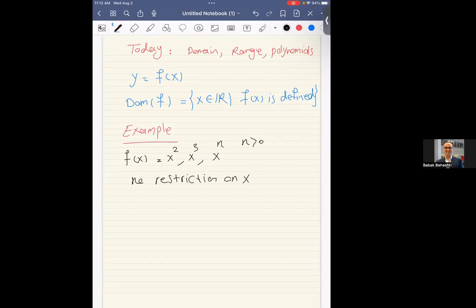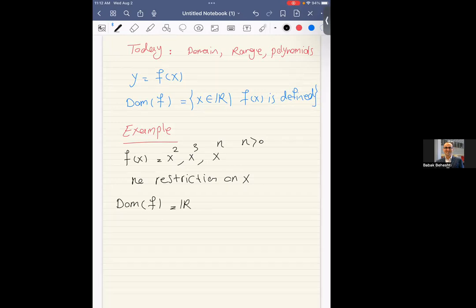So if you have a positive power of x, like x squared, x to the power 3, x to the power n for some positive integer, then there is no restriction on x. That means the domain of any of the above functions is just all real numbers.